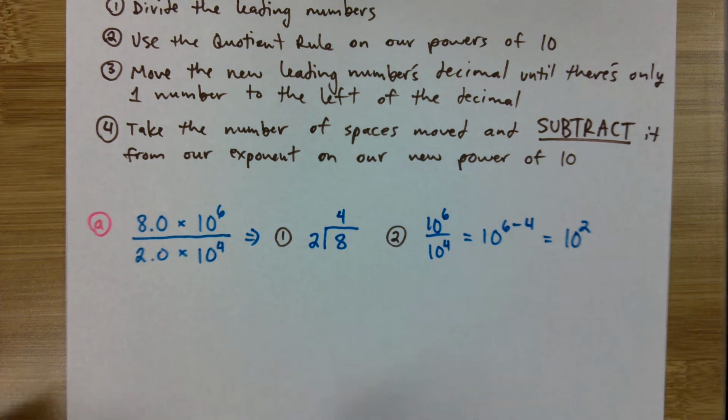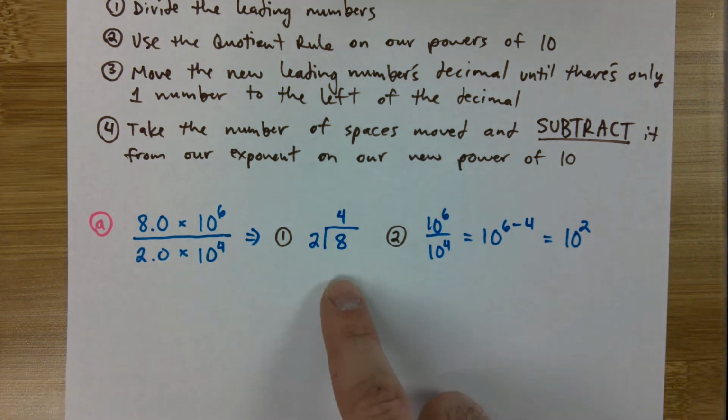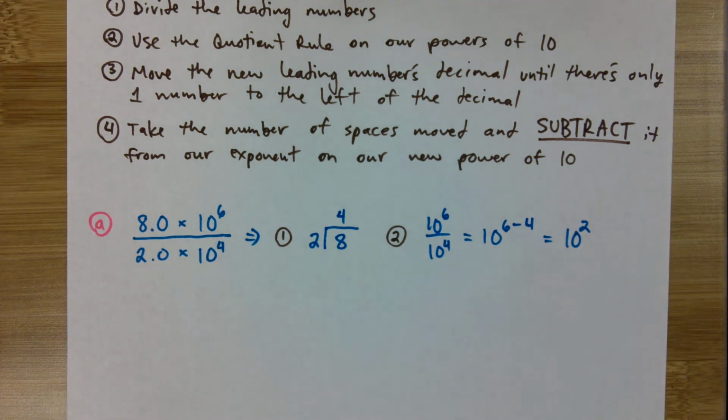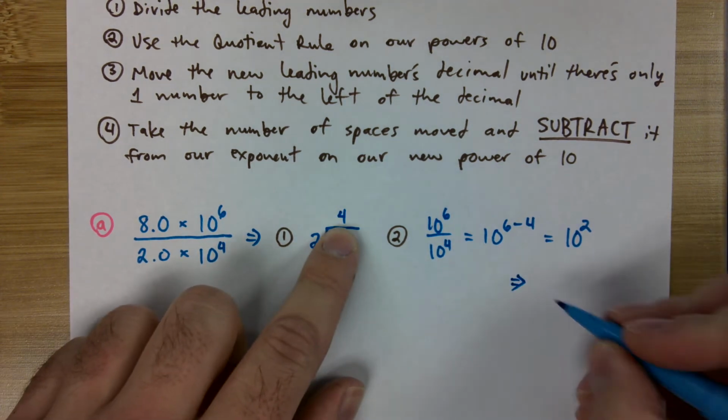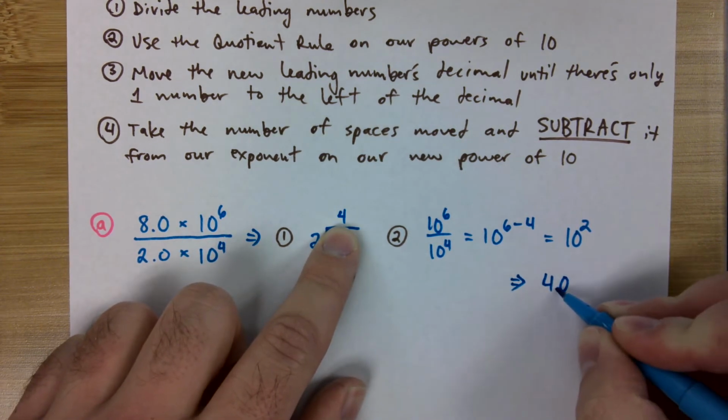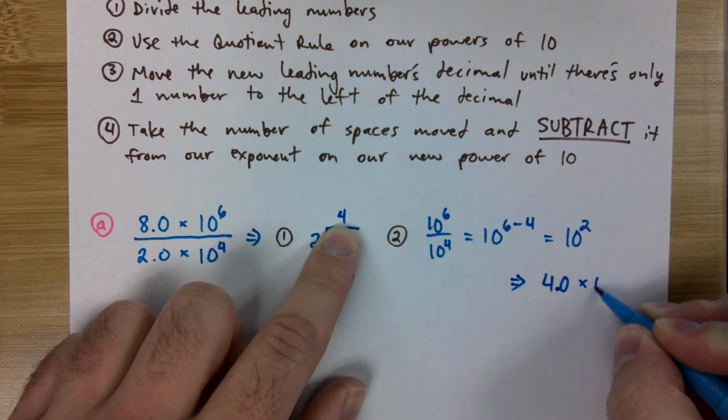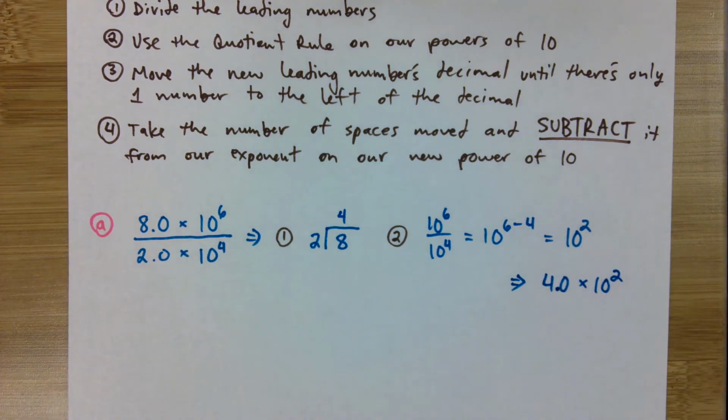But here, we're going to subtract. Luckily, we don't need to do step 3 here. We can just write out our answer, which is 4.0 times 10 to the 2nd.